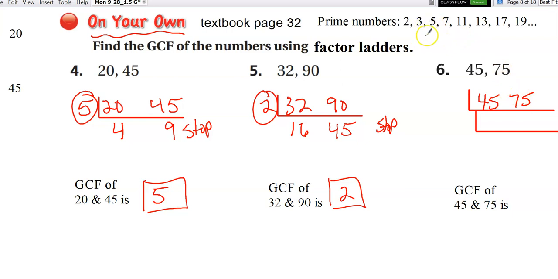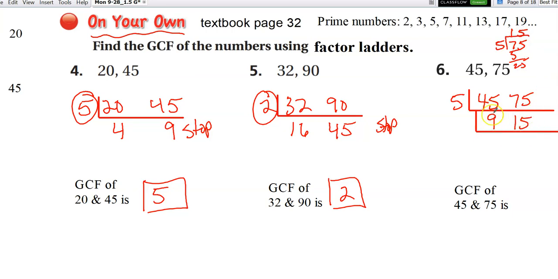And the order doesn't matter that you divide by. So let's go ahead and divide by 5 because that one's just seeming like it'll be easier for me. 45 divided by 5 is 9. 75 divided by 5. Well, if I don't have a multiplication chart, I'm just going to do a little math up here. 5, 25. Okay, it looks like it goes in 15 times.